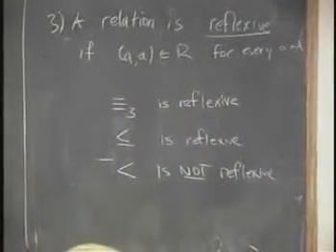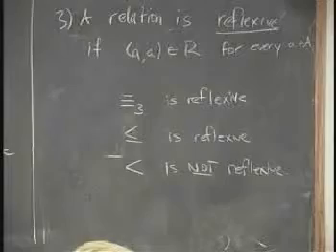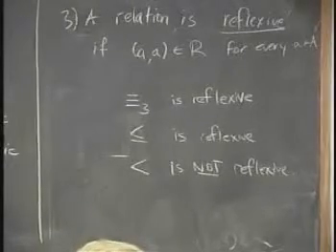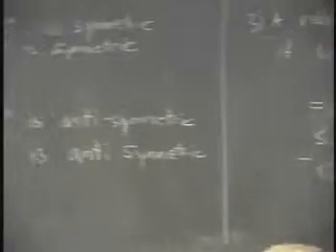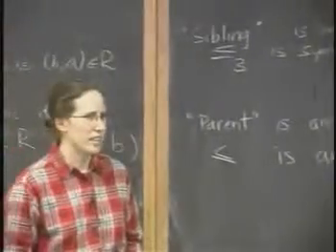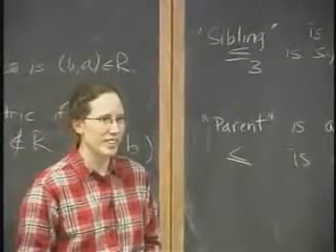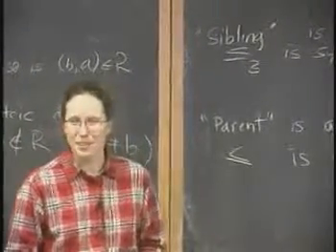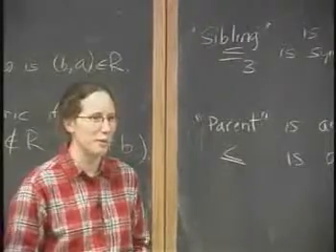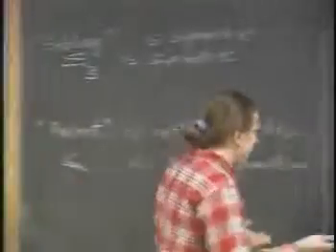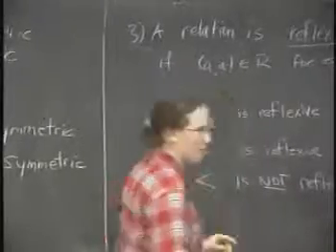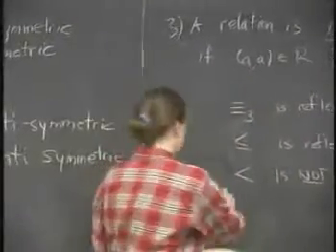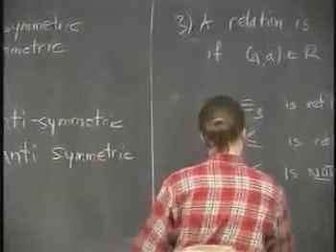And let's see. Parent and sibling are both, well, I guess it depends on how you define sibling. If you define sibling to be, has the same parents as, then you have the same parents as yourself, so maybe you're a sibling of yourself. I guess that's a matter of personal taste. Should we call sibling reflexive or not?